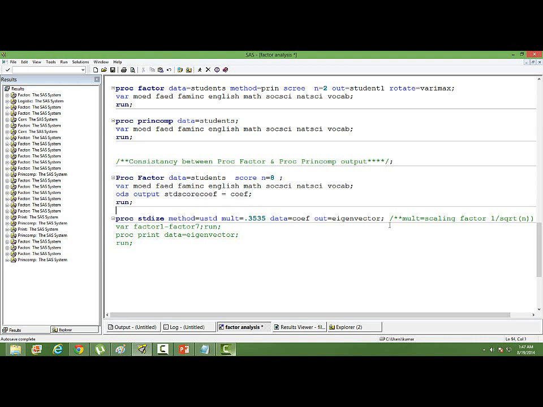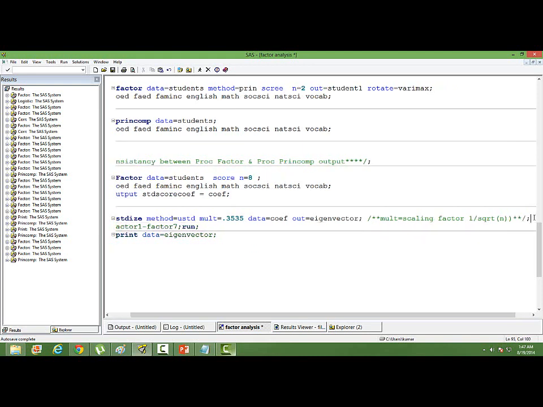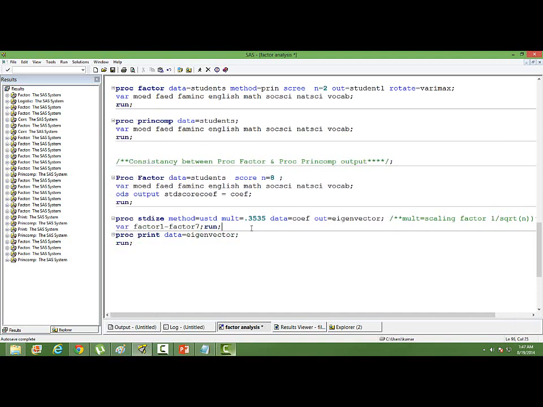Then we standardize the factor scores. We have factor scores from factor 1 to factor 8. We standardize these factor scores, and then we print the output data.